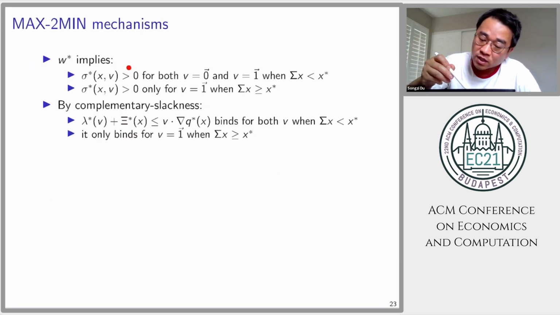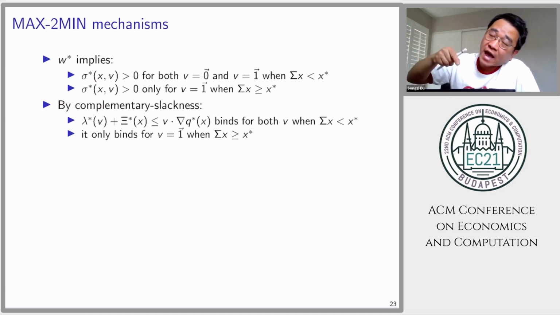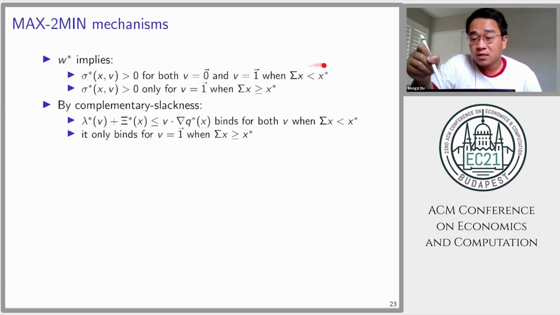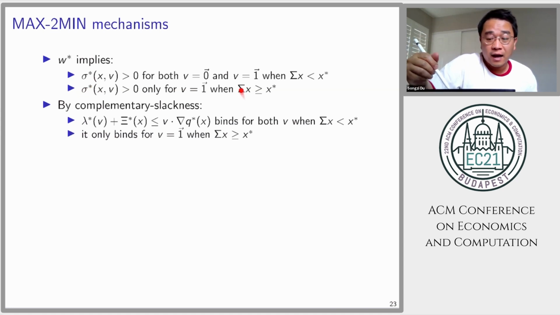It's in between 0 and 1 in the low region, which means that in terms of sigma, in terms of the actual distribution between 0 and 1 for the common value, we have, right, interior, sigma of v is positive for both 0 and 1 common value in the low region. But this sigma distribution is putting probability 1 on the high region on common value being exactly equal to 1.